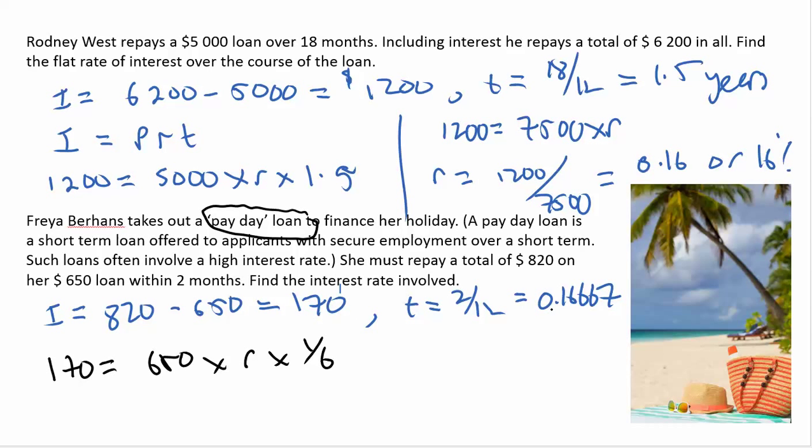The time, 0.16667. So if we plug that into the equation, we get the following.